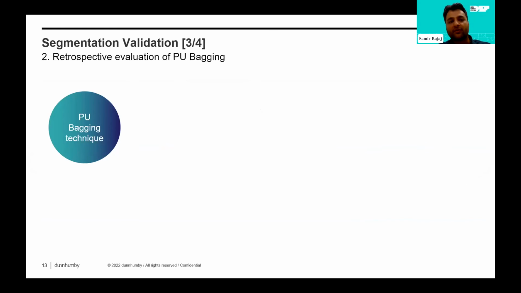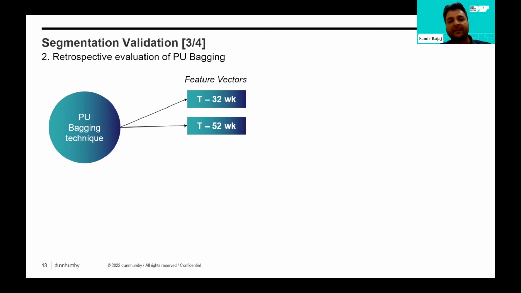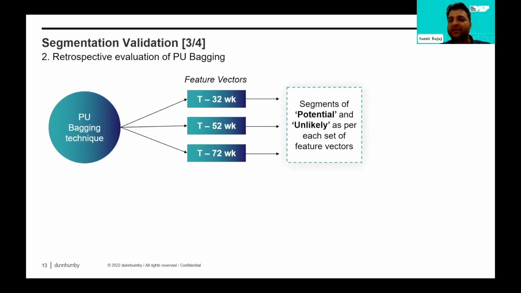Second mode of validation is a retrospective evaluation. So we apply the same PU bagging technique, but only on features which are built going back 32 weeks, 52 weeks, and 72 weeks. And on those feature vectors, we tag customers as potential and unlikely.